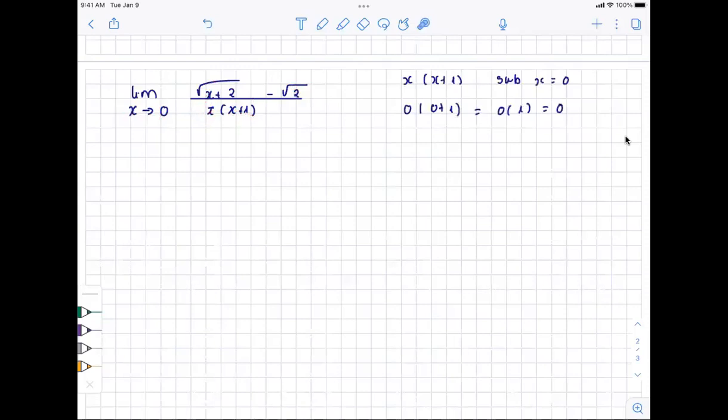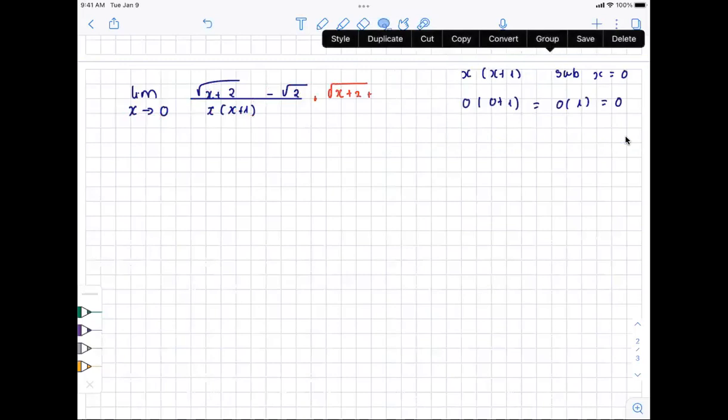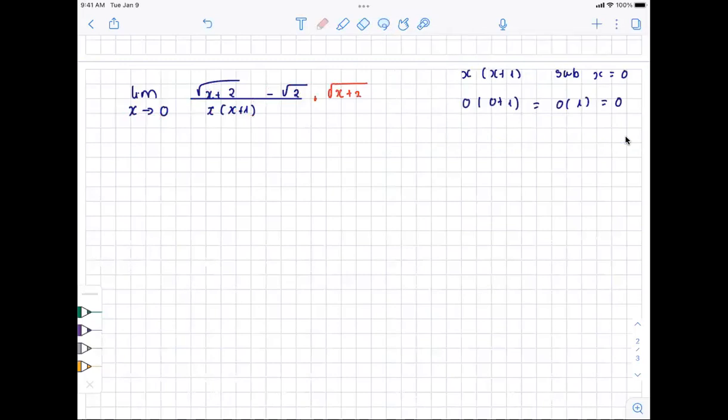Since we have a square root in the numerator, we're going to multiply by the same square root on top and bottom, except with a plus. So I'm going to multiply top and bottom by the square root of x plus 2 plus the square root of 2, because this fraction is basically 1.